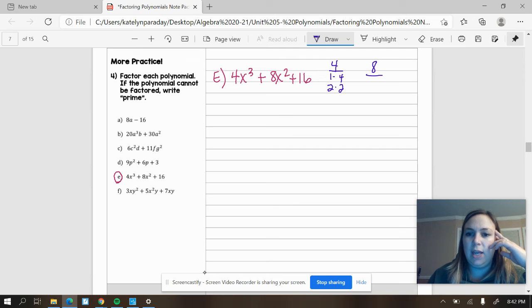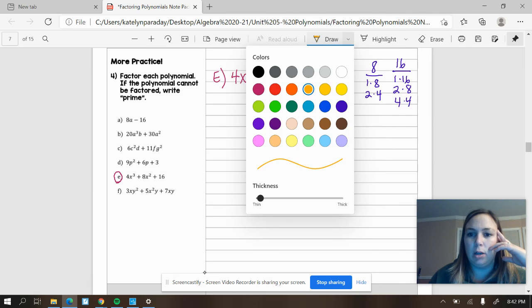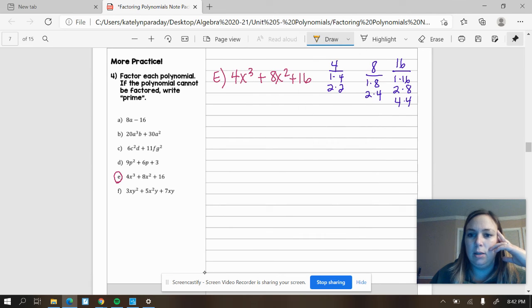What about my factors of 8? 1 times 8, 2 times 4, and my factors of 16, 1 times 16, 2 times 8, and 4 times 4, right? So the biggest number that they have in common, well, this one has 8 and this one has 8, but this one doesn't have 8. So all of them have to have, look, a 4.